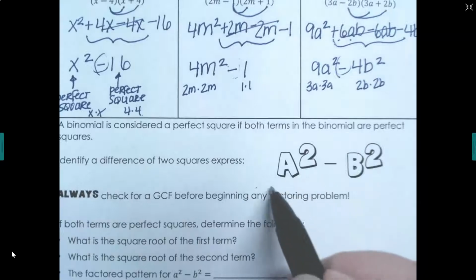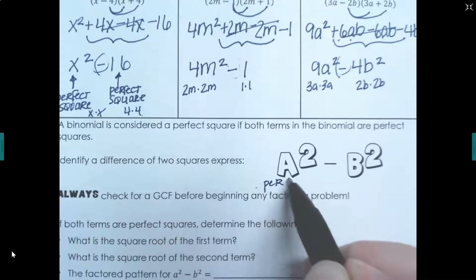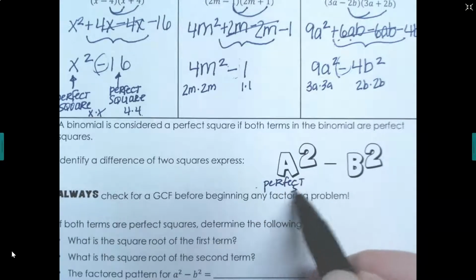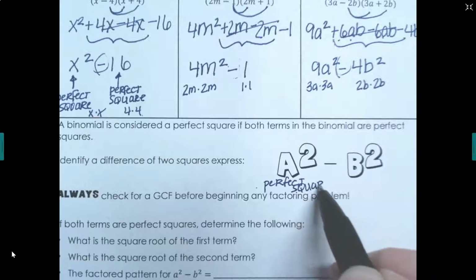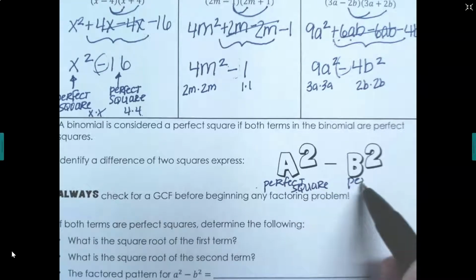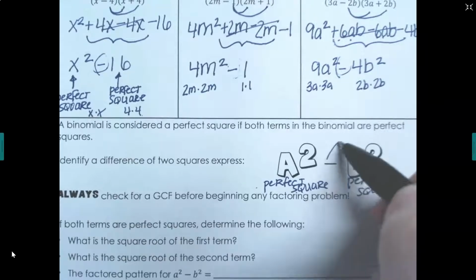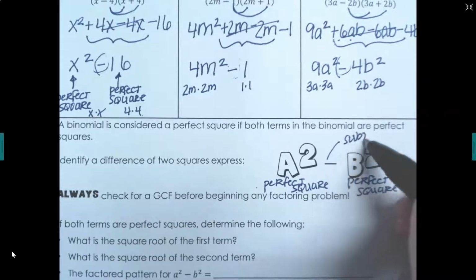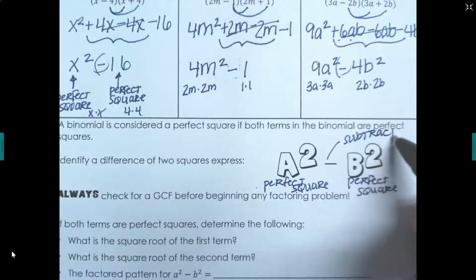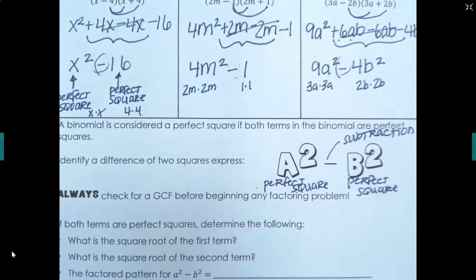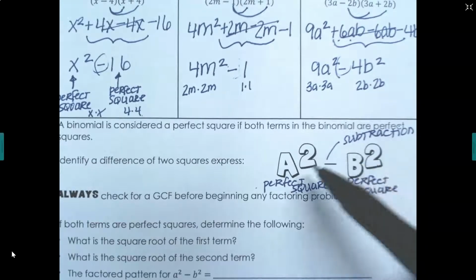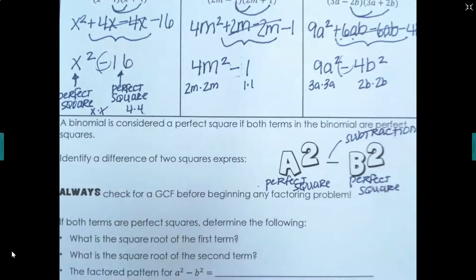You're going to have a perfect square for your first term, a perfect square for your second term, and then you're going to have subtraction in the middle. Okay, that's the difference of perfect squares.